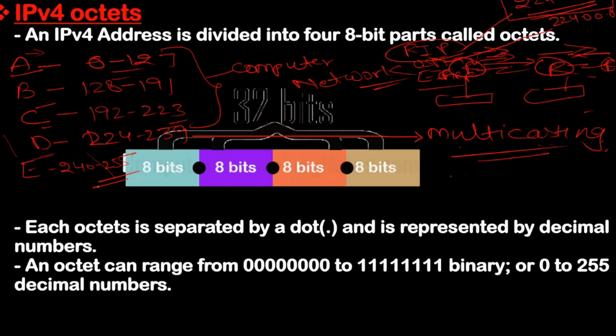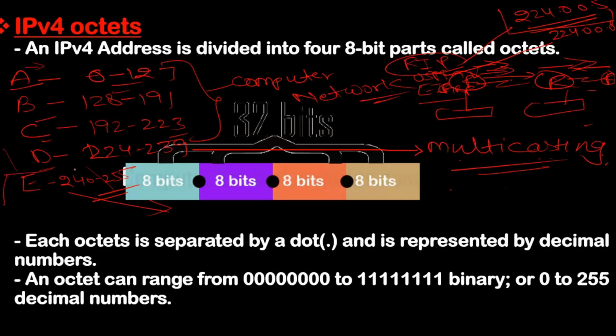Now next is class E. So the question is where this class E is used. This class of IP address, class E, is reserved for research and development purposes.